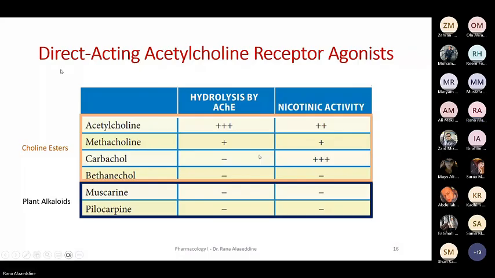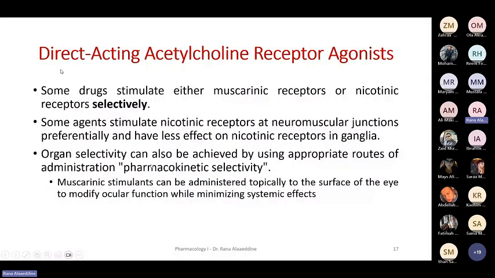So this is an explanation of what we talked about, okay? So guys, listen, sometimes even if the drug, for example, binds the nicotinic receptors, okay, so we agree that we cannot use this for the whole system. So the question comes, what do I do? One of the things that we can do is use something called pharmacokinetic selectivity.